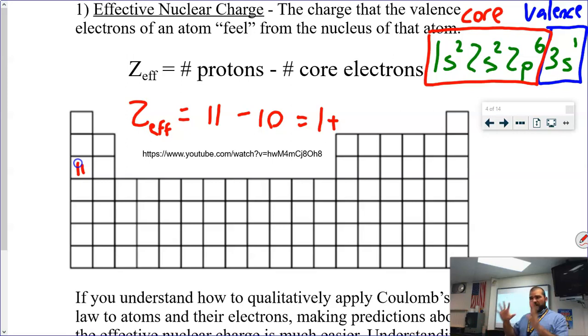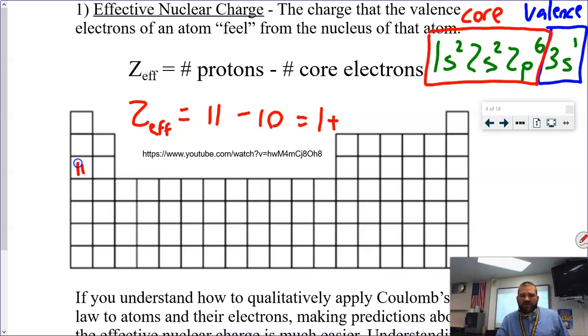So I have 10 negative charges between me and the nucleus, and I have 11 positive charges in the nucleus. As a result, what I feel as a valence electron is plus 1. I feel one additional proton in charge as opposed to the core electrons. Okay? So again, 11 in the center, 10 in the core, we're on the outside, 11 positives, 10 negatives, net is 1 positive. Okay? That's how we can think about this.